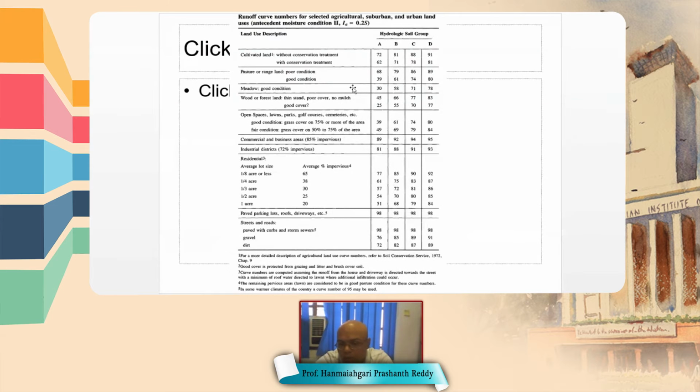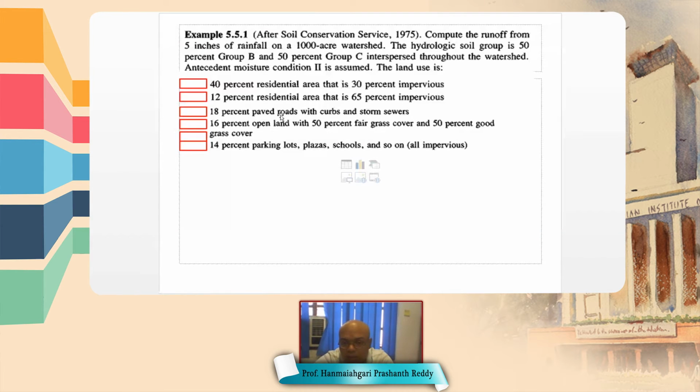So because the curve numbers are defined for normal condition, that is antecedent moisture condition 2. For example, I will show one example from that. See here, one example is given. Compute the runoff from 5 inches of rainfall on a 1,000-acre watershed.